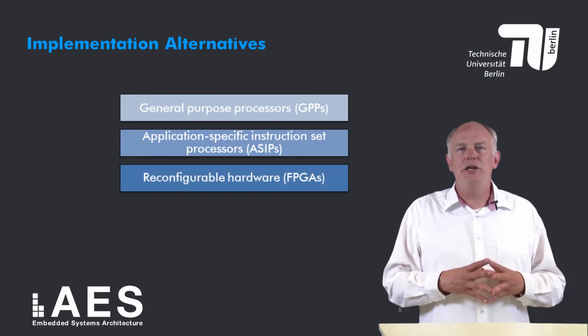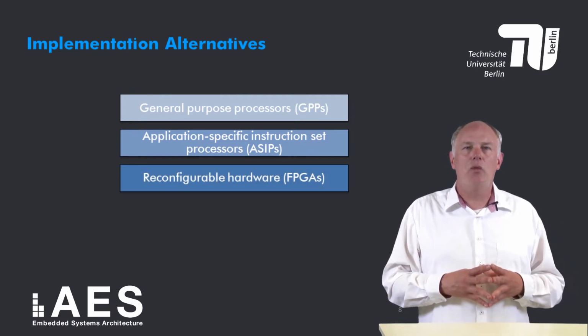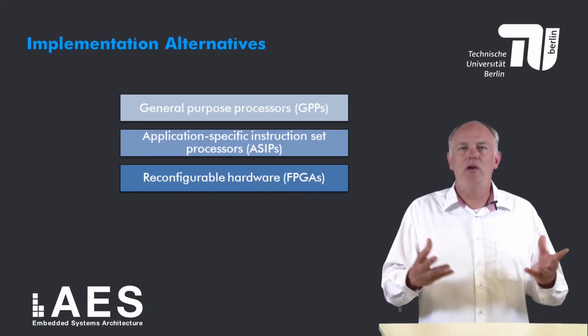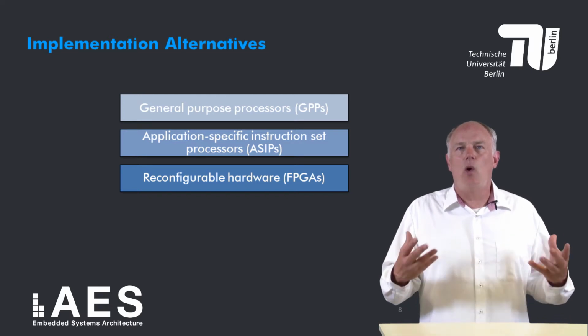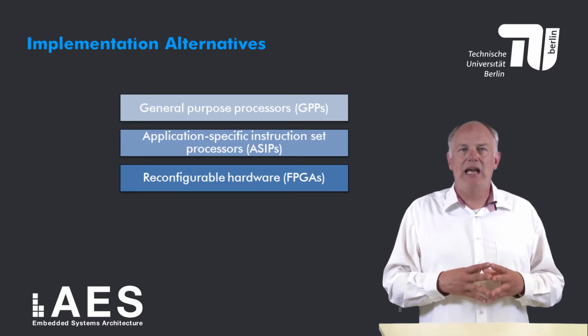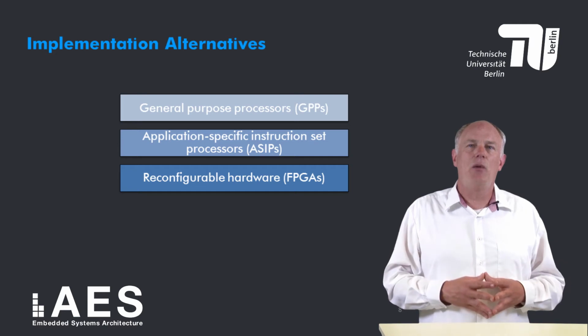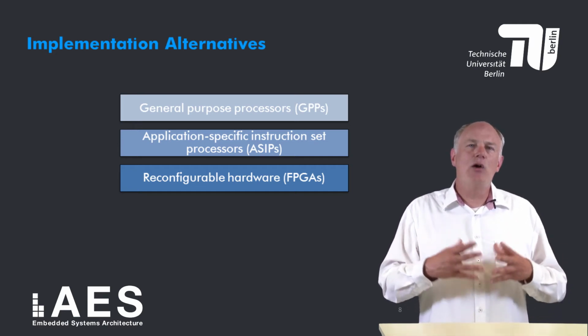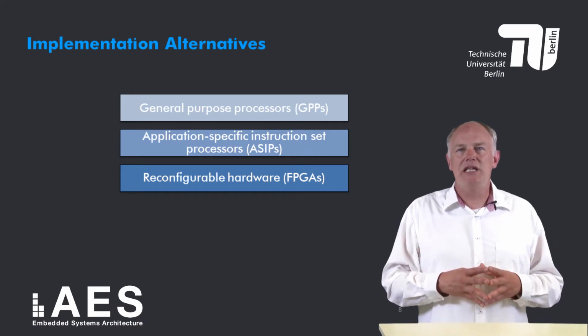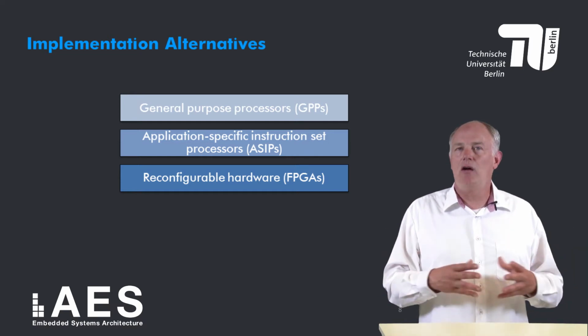The third option is to employ reconfigurable hardware, in particular field programmable gate arrays. FPGAs can exploit all the parallelism there is in an application and therefore achieve higher performance than GPPs and ASIPs. Implementing and optimizing an application on an FPGA, however, can take a very long time.